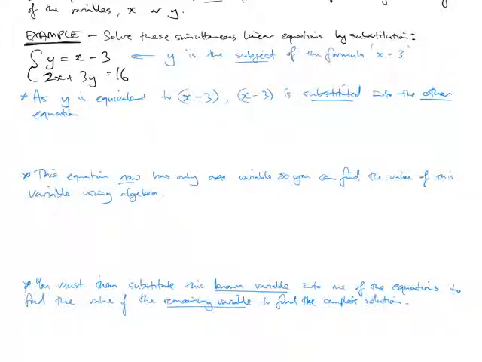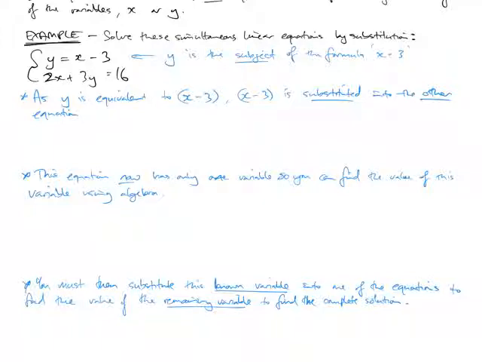Y is equivalent to x take 3. So that allows me to substitute x take 3 into the other equation, because we know y is equal to that. If y is equal to x take 3, I can replace y with x take 3 in the other equation. I'm substituting x take 3 into the other equation.